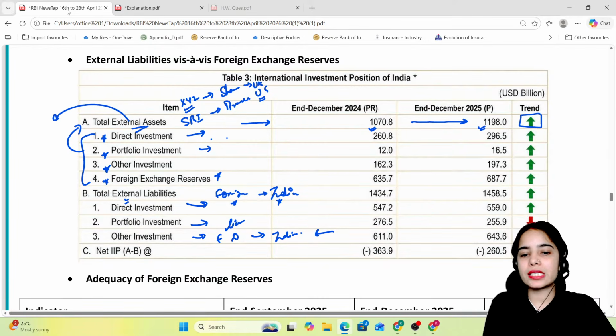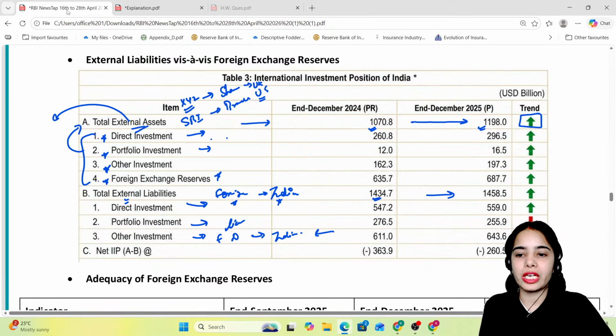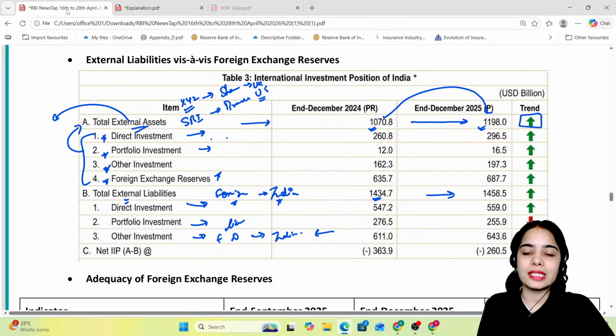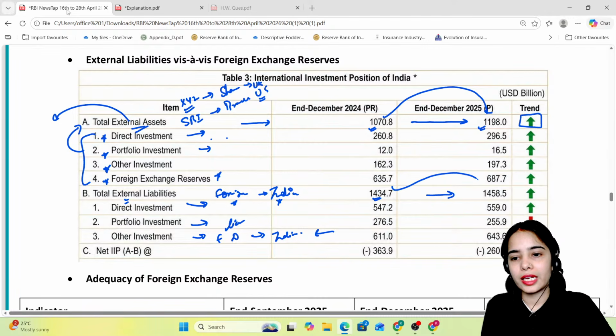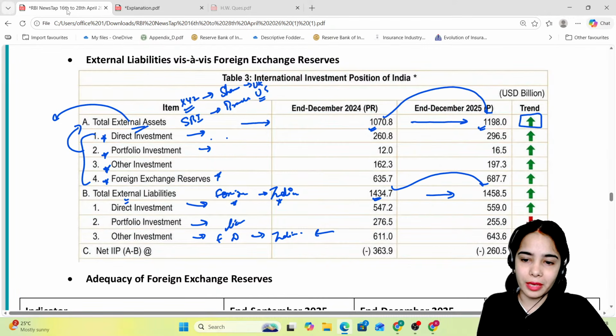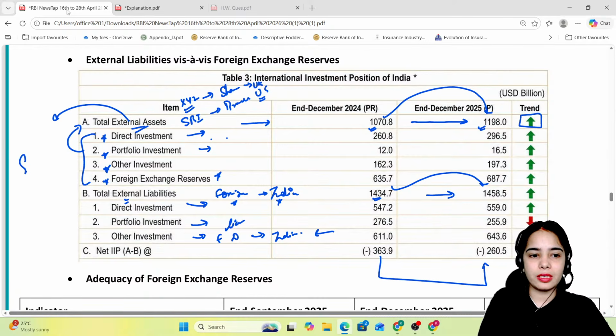So the total external liabilities have increased from $1,434 billion to $1,458 billion. Now you can understand that the increase in the external assets is higher than the increase in the external liabilities. So basically the external liabilities are higher than the external assets.